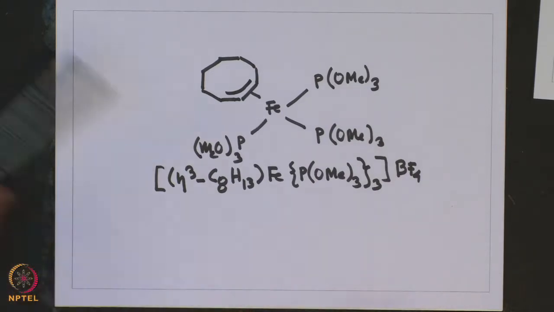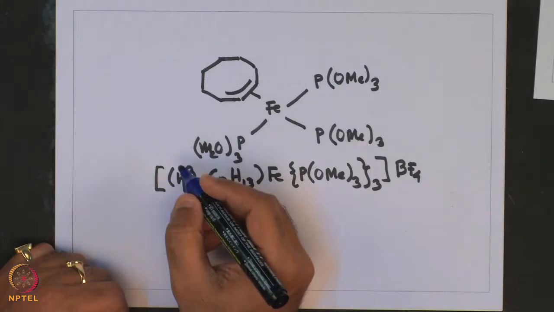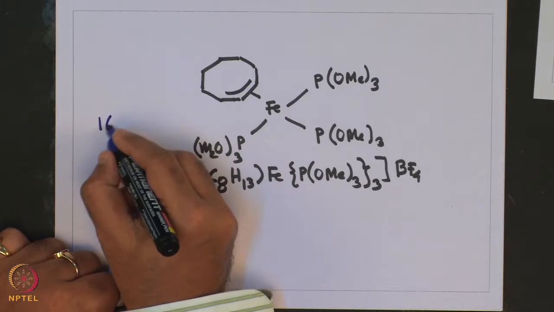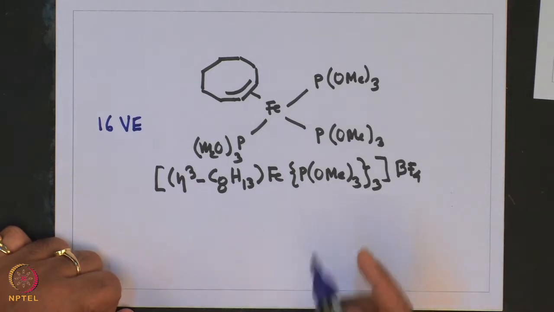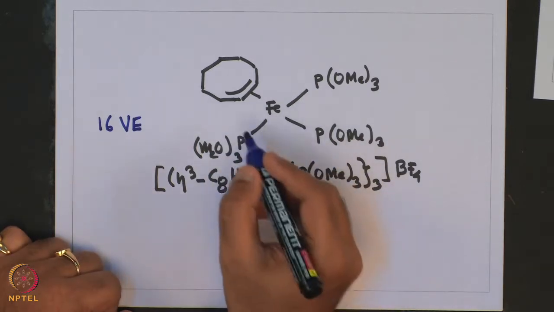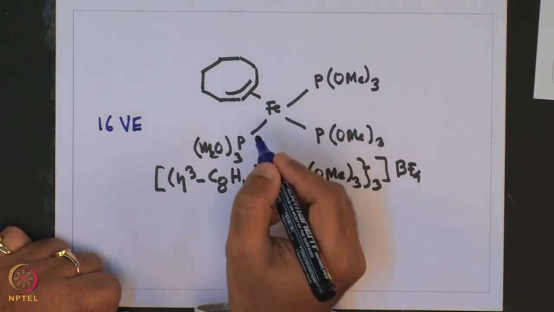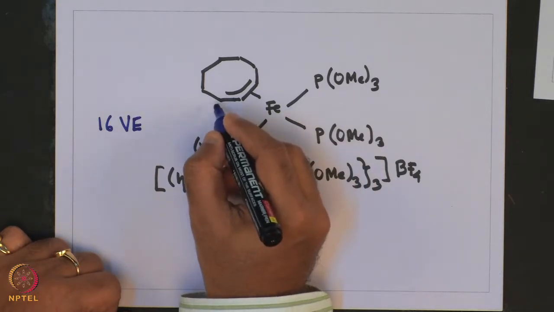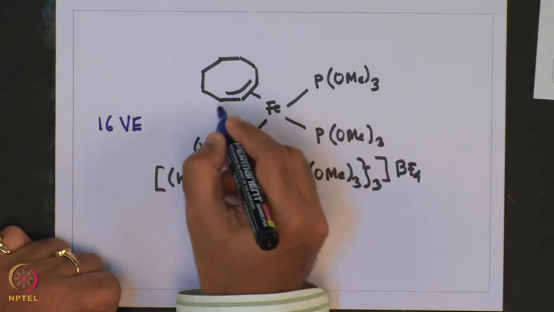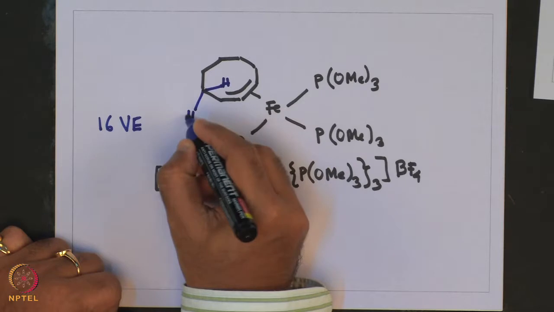Now, this is a 16 valence electron complex, and what it has is an agostic interaction occurring between the hydrogen at this position.